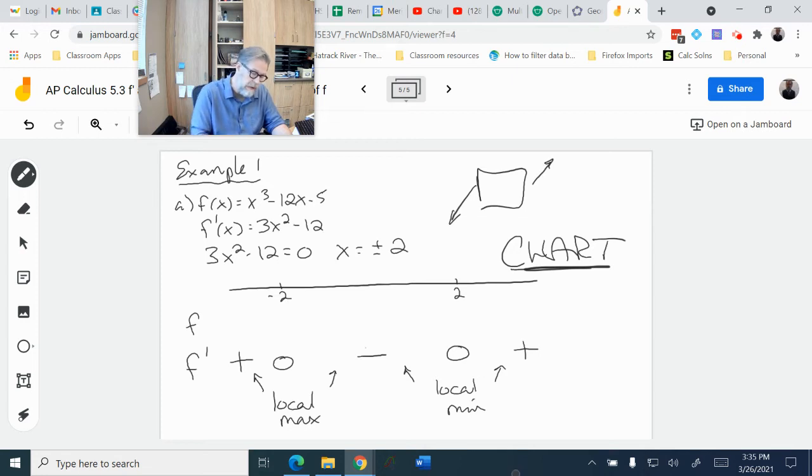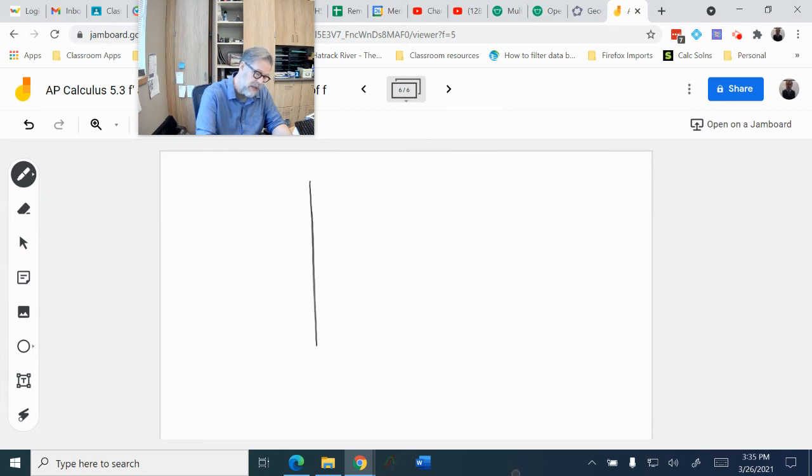But I also now know that f of negative 2, which equals 11, is a local maximum, and f of positive 2, which equals negative 21, is a local minimum. And knowing that, I can now sketch a graph.